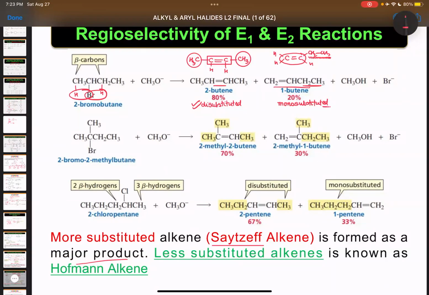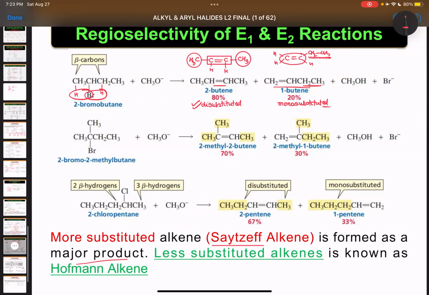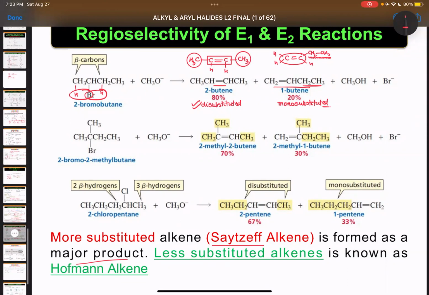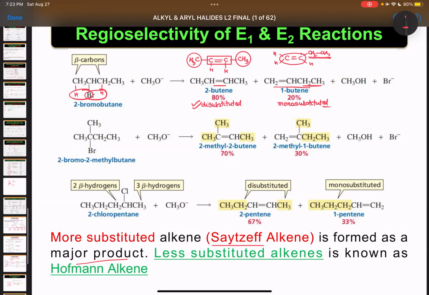Is it clear? Right? And which alkene is the minor product? Yeah, Zaid. The minor product is the alkene which is less substituted, which is less branched, the alkene whose double bond is outside.